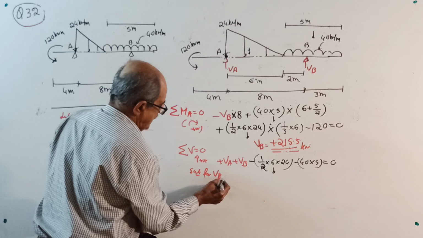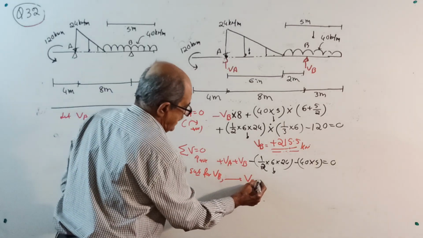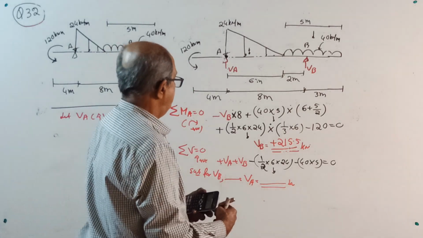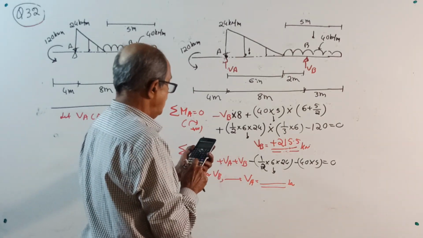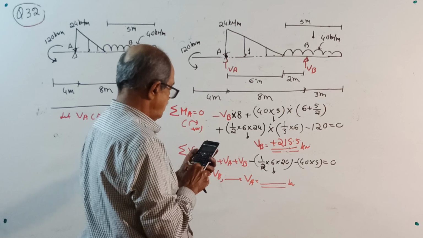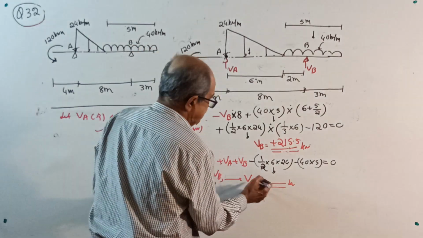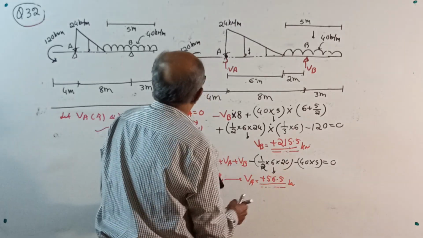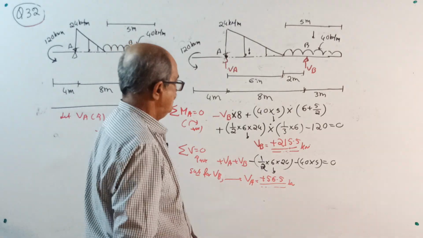Substitute for VB, whatever you got, you get the value of VA in kilonewton. Minus plus 56.5 kilonewton. VA is 56.5 kilonewton. Okay. Over.